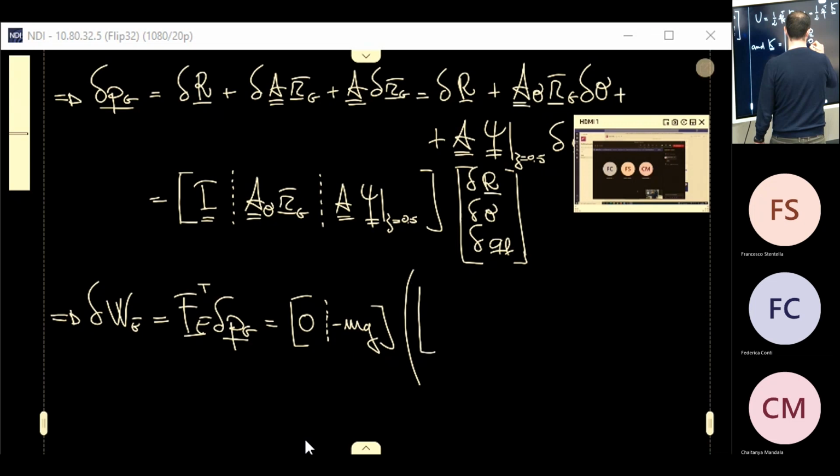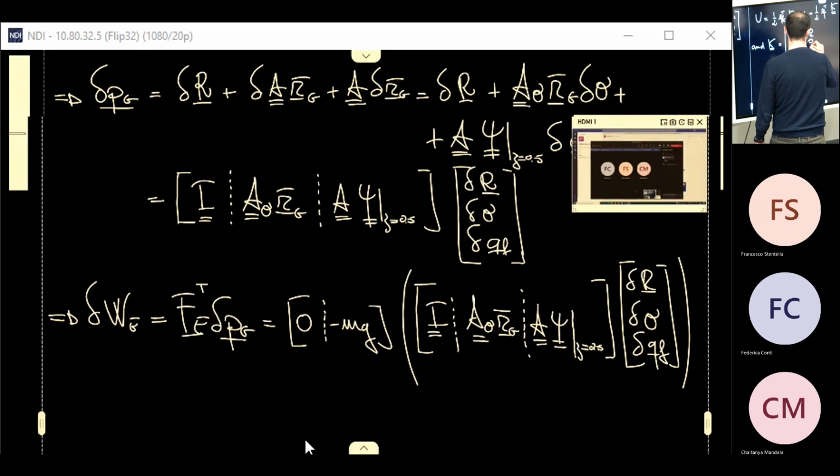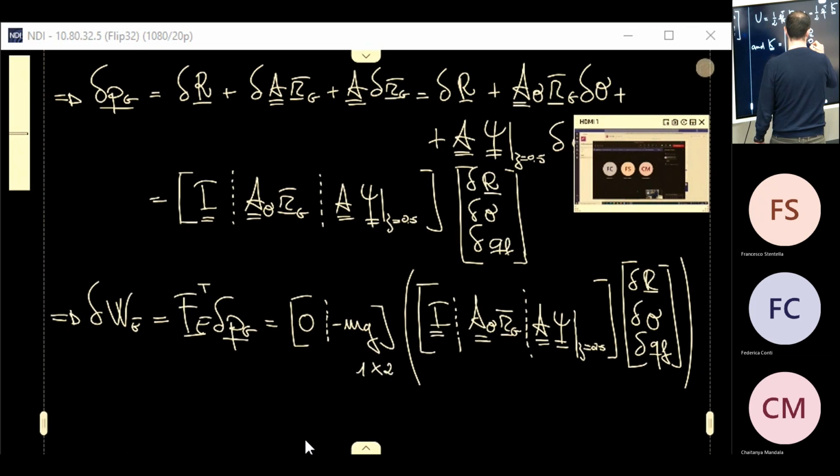So we have again, in fact, if you check the dimension of this, this is what? 1 row times 2 columns.